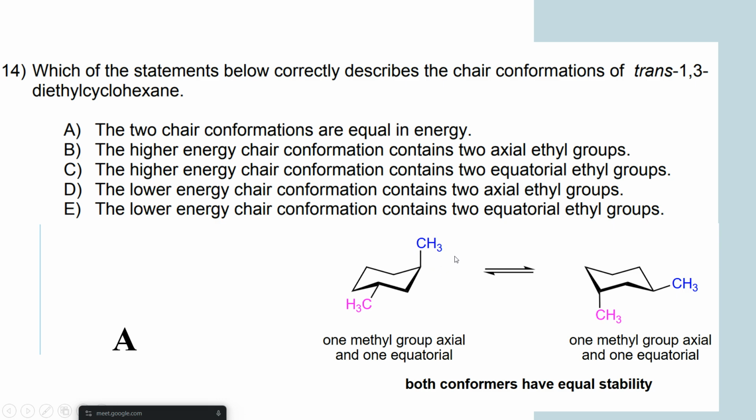For trans 1,3-diethyl cyclohexane, the first possible conformation will be this one, where one methyl group will be in the axial position, and the methyl at the third position will be in equatorial position.